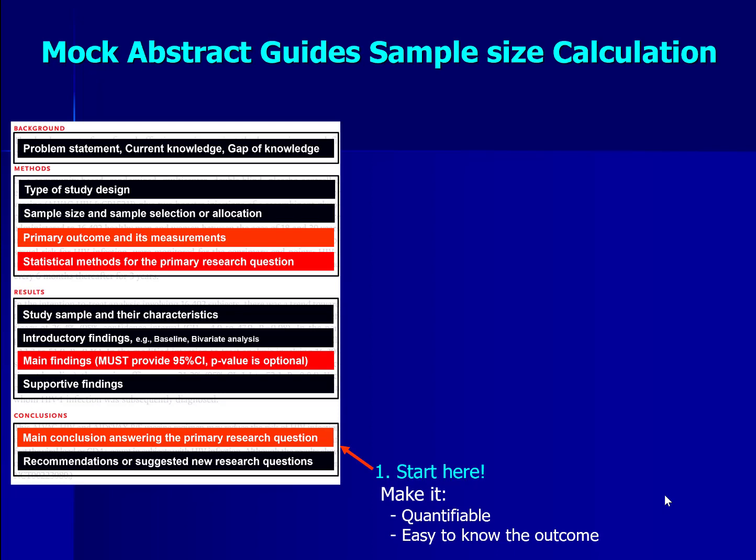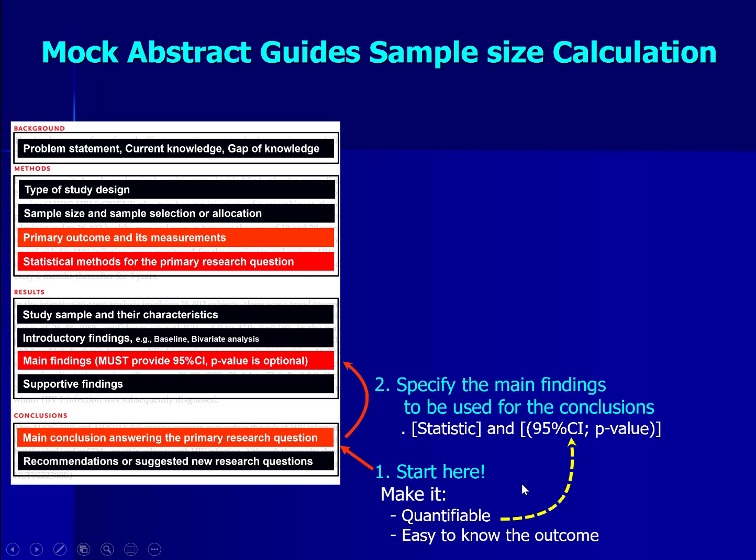So it starts here. To get a clear way to go, I say the mock abstract guides sample size calculation. If we have prepared a very clear and concise conclusion that allows quantifiable and easy to know outcomes, it will make every step after that easy.